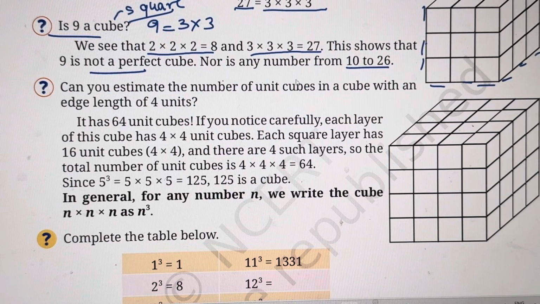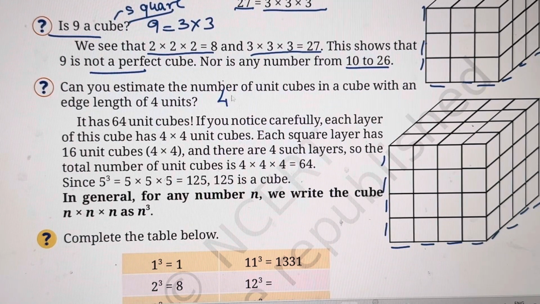Now, there is another question asked: can you estimate the number of unit cubes in a cube with an edge of length 4 units, right? Till now we learned of 1 unit, 2 and 3 units. Now this is the cube with 4 units: 1, 2, 3, 4 height, 1, 2, 3, 4 breadth, 1, 2, 3, 4 is the length, right?